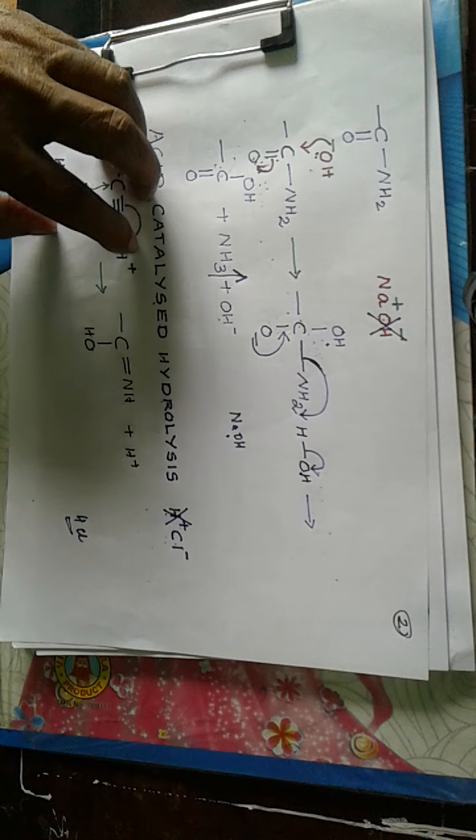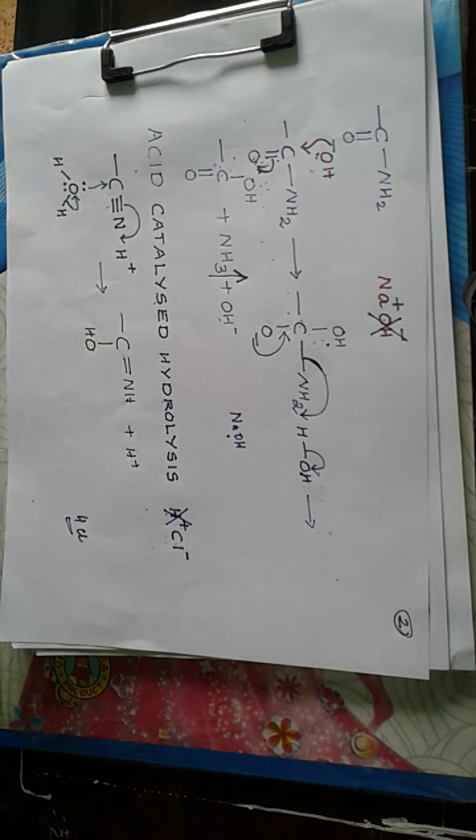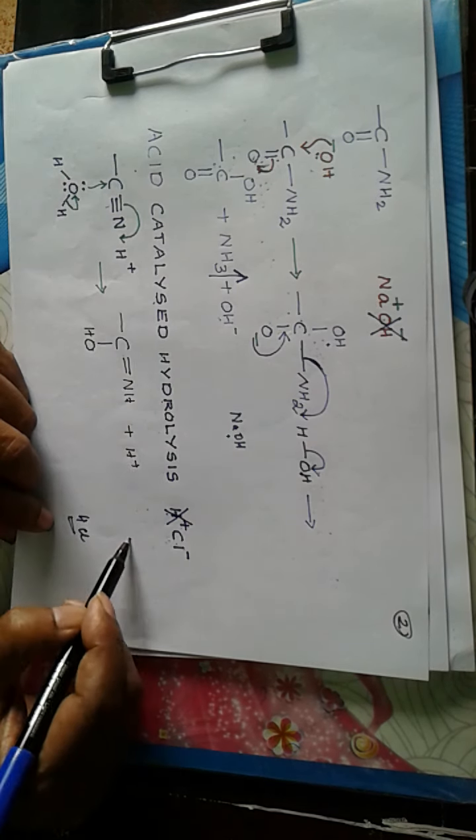So all these reactions occur simultaneously, that is reaction with H positive and reaction with H2O and removal of H as H positive. So the net reaction is addition of H and OH. So water splits into H and OH and adds to the structure. So it is a hydrolysis reaction, that is a chemical reaction with water catalyzed by HCl.